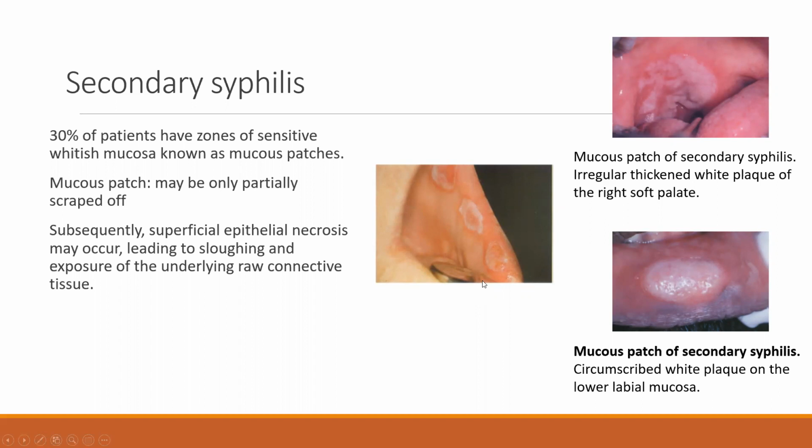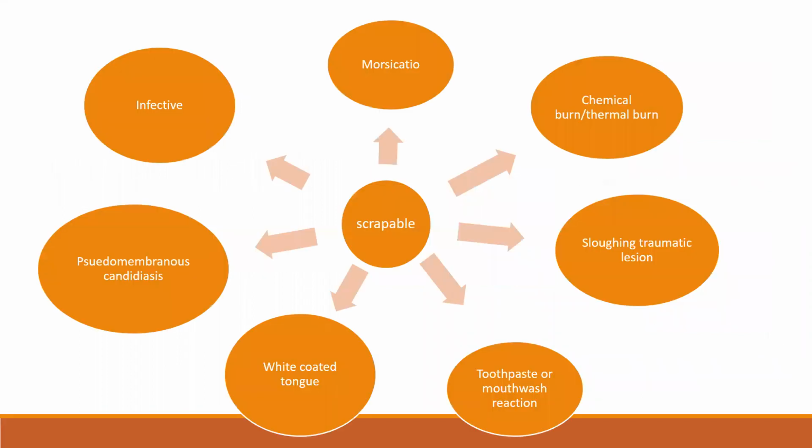They come with the same lesions next year. So usually treatment is to treat the underlying condition, that is syphilis. And we all know the treatment for syphilis is penicillin. Depending upon the stage and the condition of the patient, penicillin is given orally or intramuscularly, and the dose also depends upon the stage.